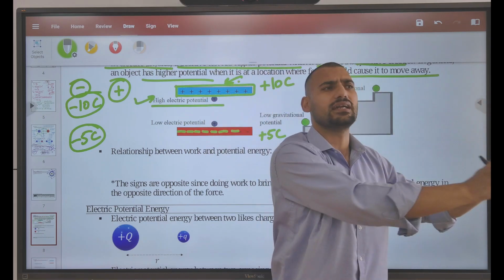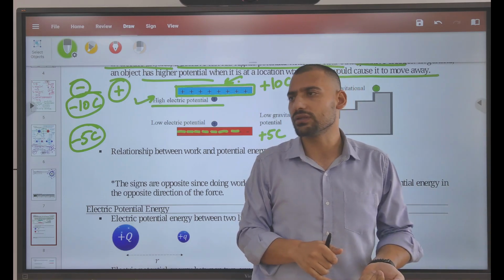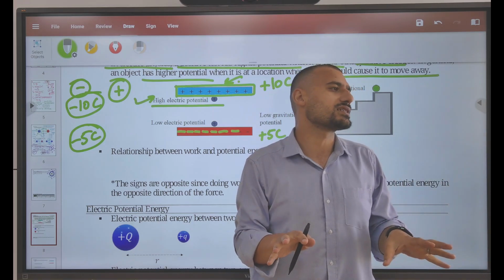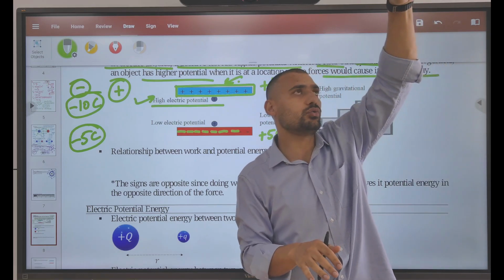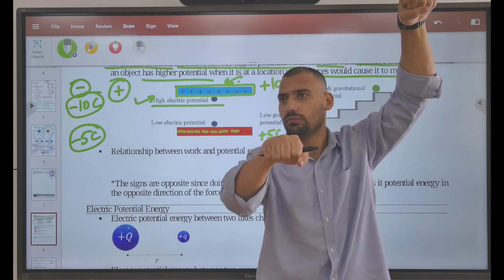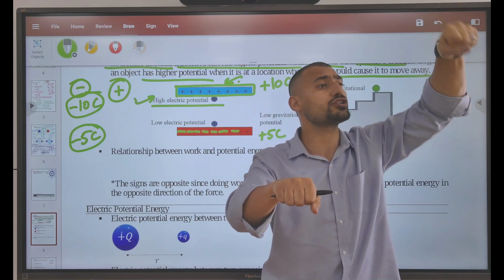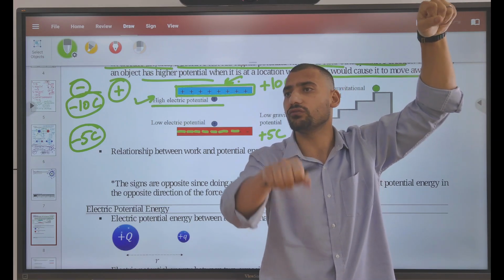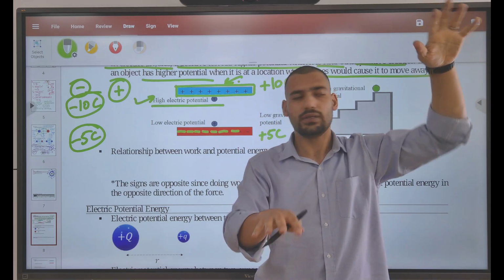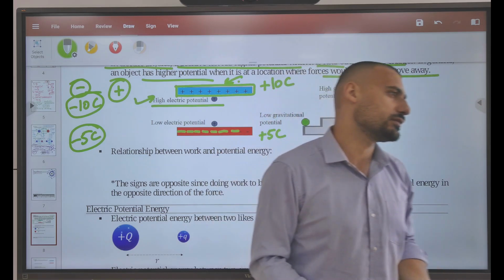But it has been set, so we don't need to fight or debate over this. So what we need to understand is, if there are 10 coulombs and 5 coulombs, 10 means high, 5 means low. If there is one positive and one negative, positive will mean high and negative will mean low. Is that fine? Because we talk in the context of the positive charge.